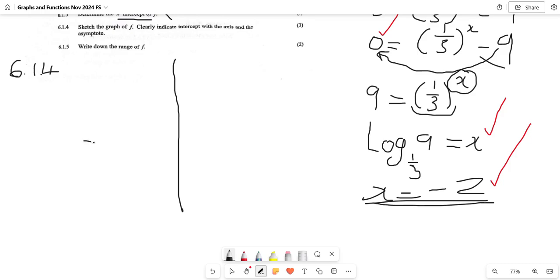Then let us sketch our function here. The x-intercept is -2.